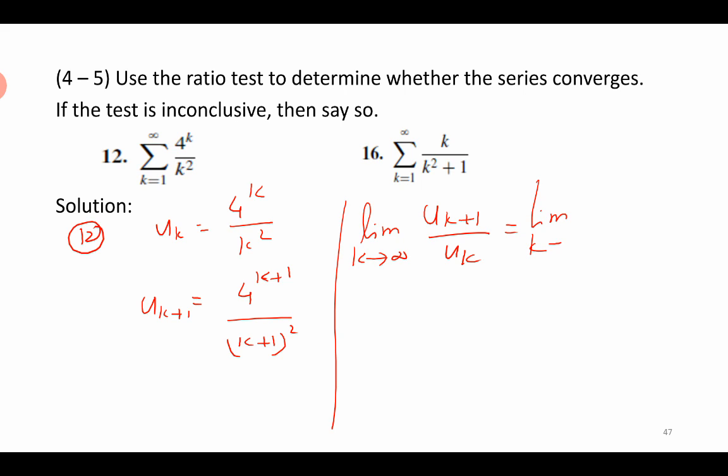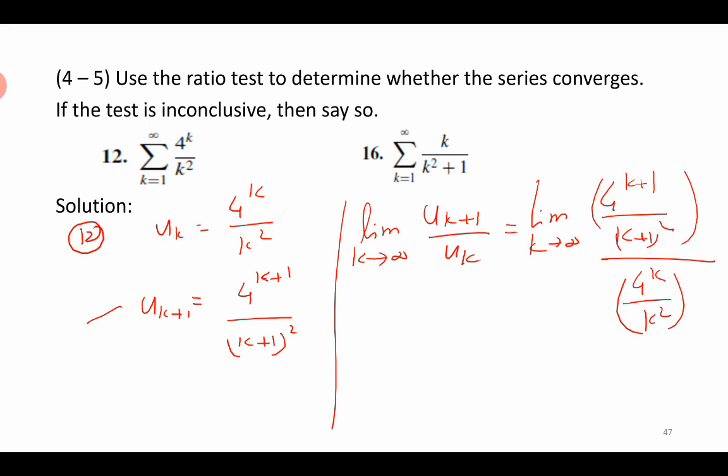Limit as k goes to infinity, uk plus 1 is this: 4 to the k plus 1 over (k plus 1) whole square, whole divided by 4 power k divided by k square. Now we can invert the denominator and multiply. The first term is 4 raised to k plus 1 over (k plus 1) whole square, and the inverted one is k square divided by 4 raised to k.